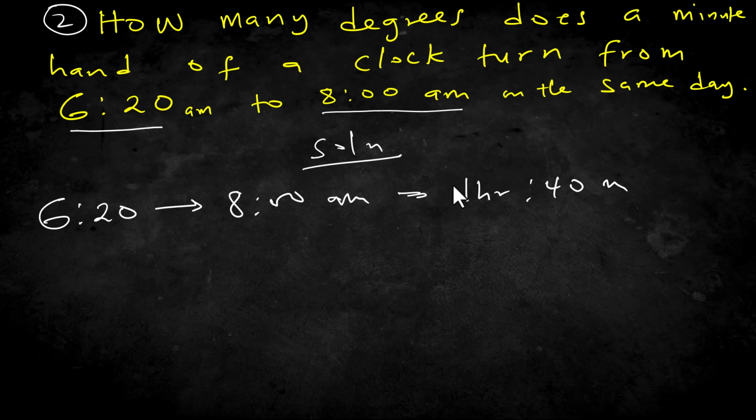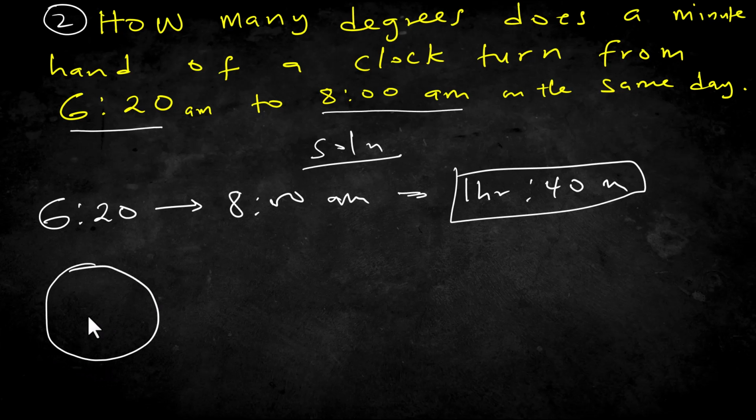Now don't forget also that a minute hand makes one complete revolution in every 1 hour, so in every 1 hour we have 360 degrees. We want to convert everything to minutes so that we can multiply.